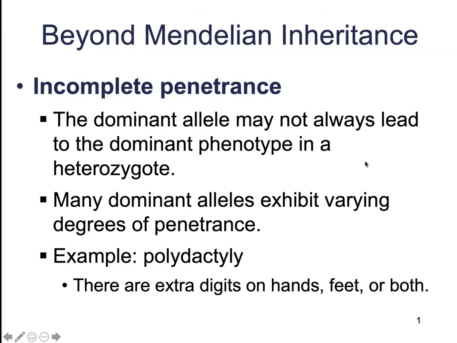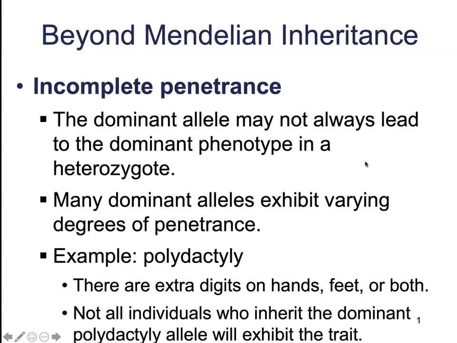Polydactyly is actually a dominant phenotype. However, not all individuals who inherit the dominant allele will actually express that trait. So even though it is a dominant gene, there are other systems within the body that may prevent those extra digits from forming. Even though it is genetically dominant, physically it might not be.